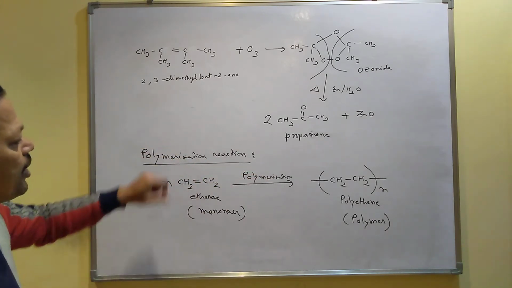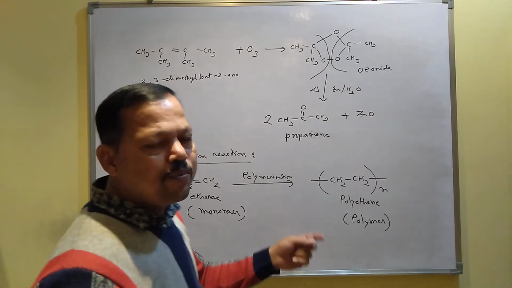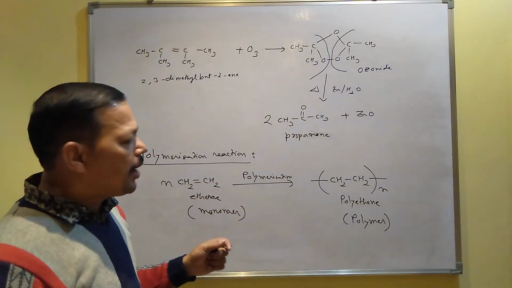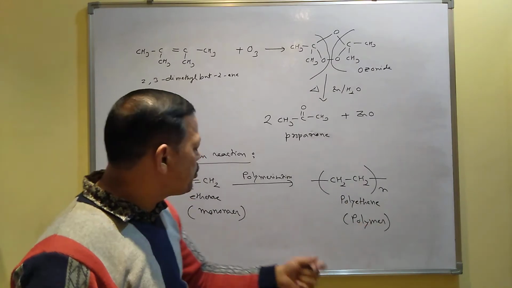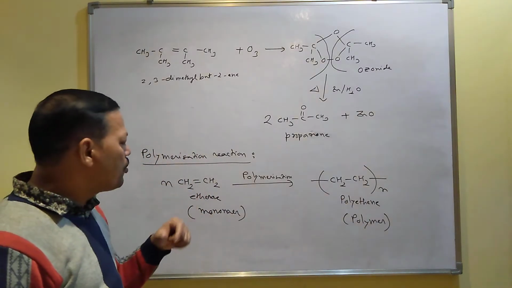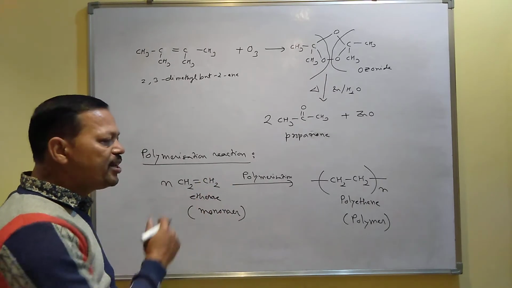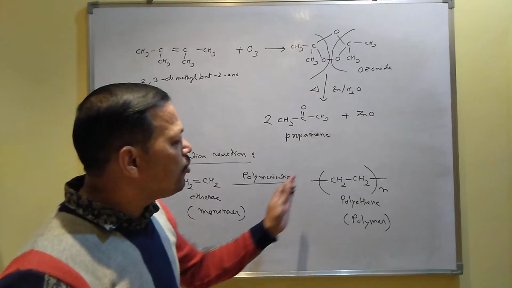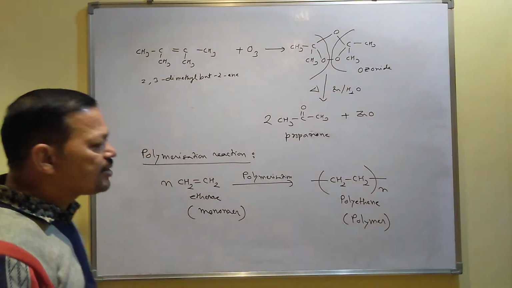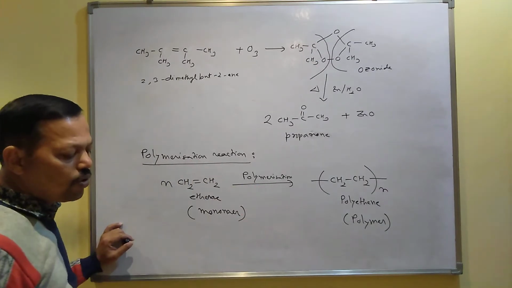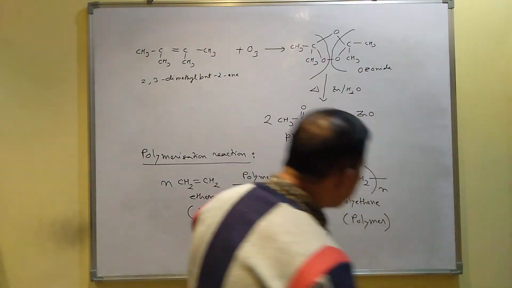Polymers are long chain compounds having high molecular masses, produced from simple compounds called monomers. So when you do polymerization of ethene molecules, they are converted to polythene. So these are the reactions of alkene.